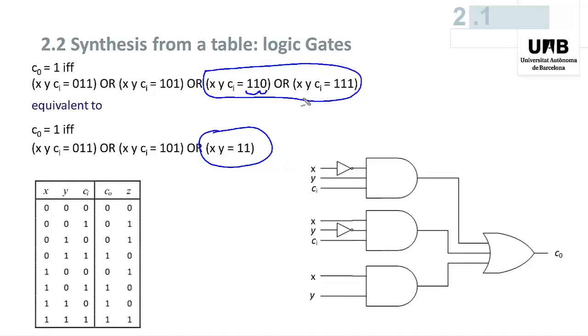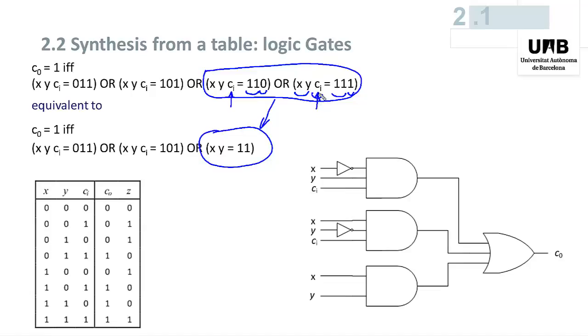And the other one says that x and y must be equal to 1, 1, and ci equal to 1, so that we could replace this condition by this one. That is to say, xy equal to 1, 1, independently of the value of ci.